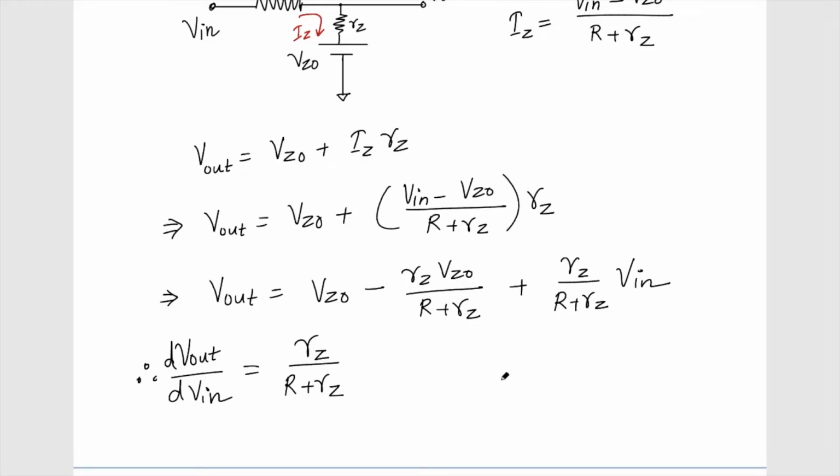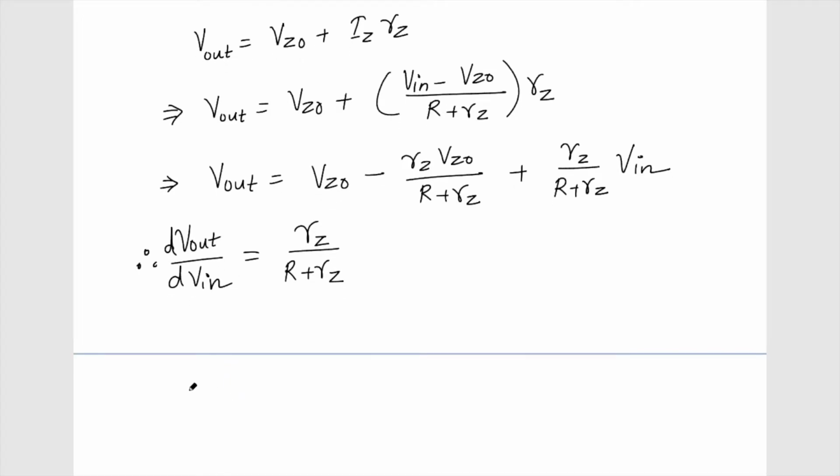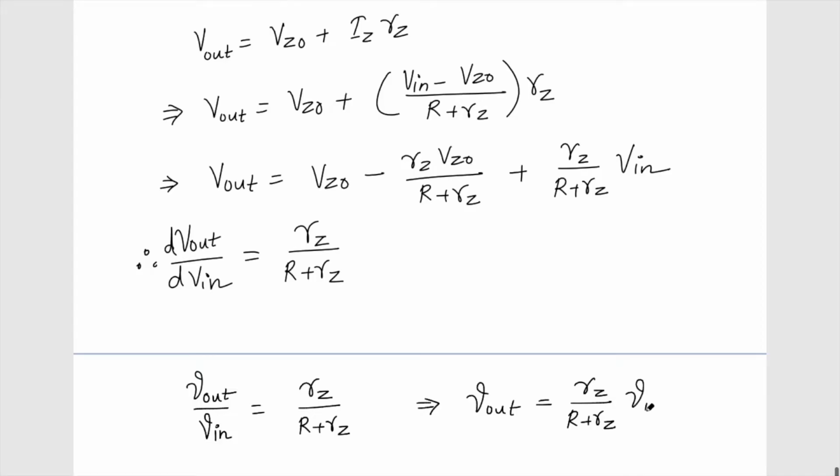So we know that small v out by small v in is equal to Rz by R plus Rz, which implies my v out will be equal to Rz by R plus Rz times v in.